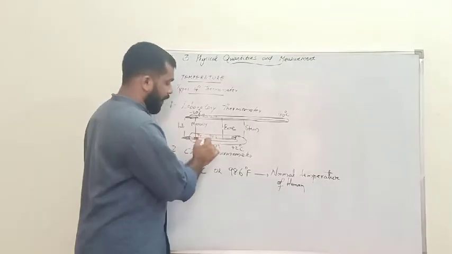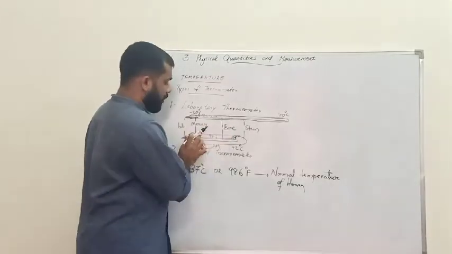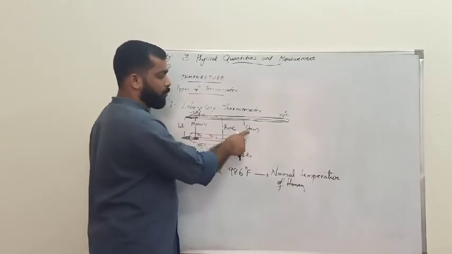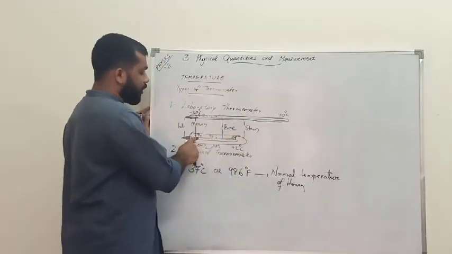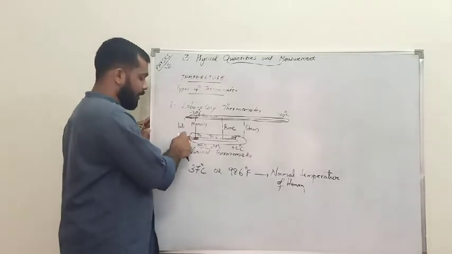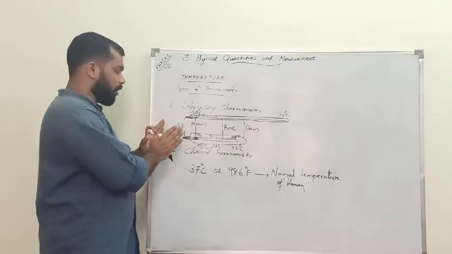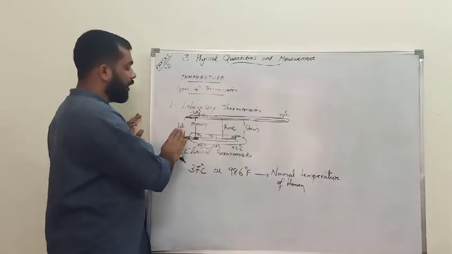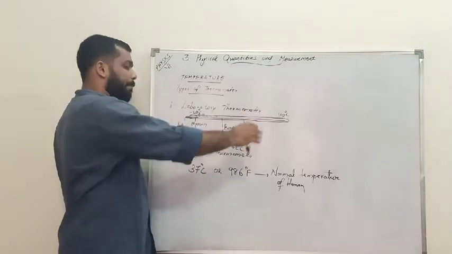Bore means a fine hole in the glass tube, and the outer glass tube is called the stem, and mercury is filled. Mercury is normally collected in the bulb, and when the bulb is attached to our body or a hot body, the mercury rises up.